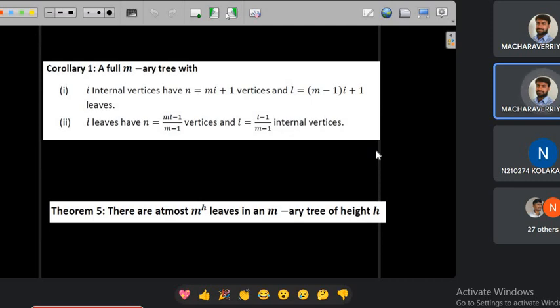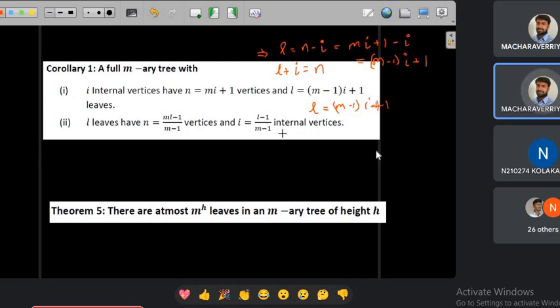And how do you get this formula? Because we have already seen the relation between L and i: L plus i is equal to n. Now this implies L equals n minus i, and you write this n in terms of this, that is mi plus 1 minus i, and you can rewrite it like this: (m minus 1) into i plus 1. So that's it. Directly you can write L equal to (m minus 1) into i plus 1.